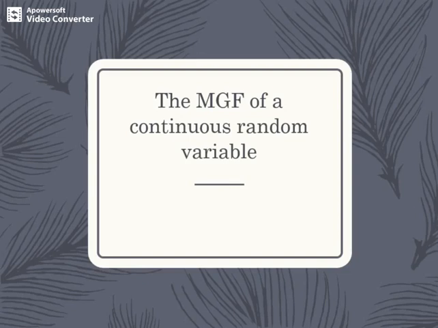So if you can find the moment generating function, then you can easily find the moments, because there really are times, like I said, when it's not that easy to do it from the definition.